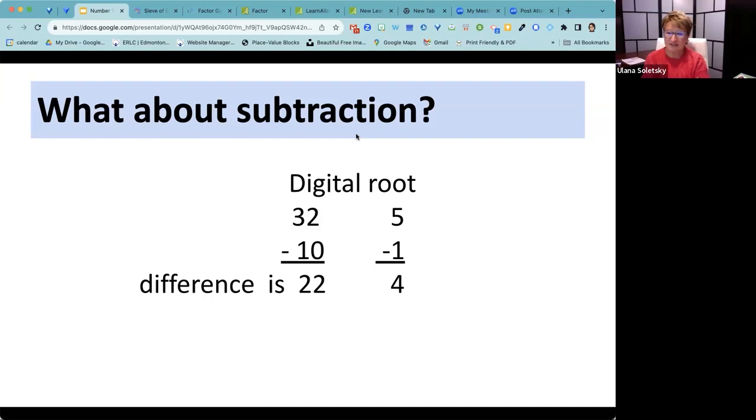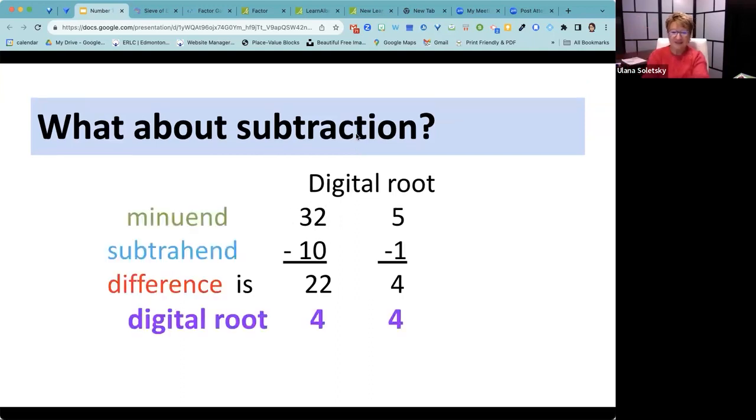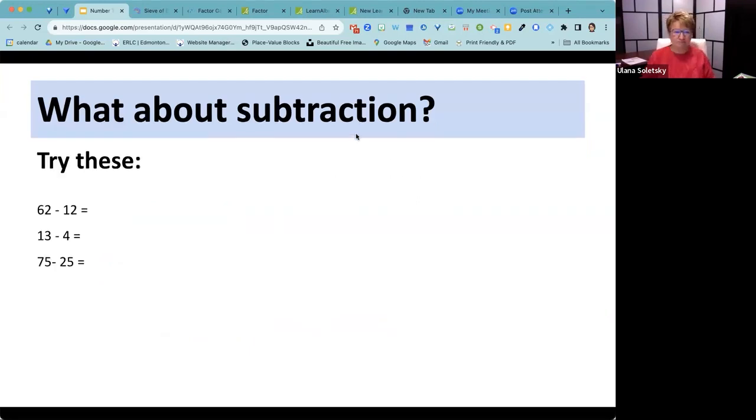What's the digital root of 22? Is this cool or what? Okay, does it always work?